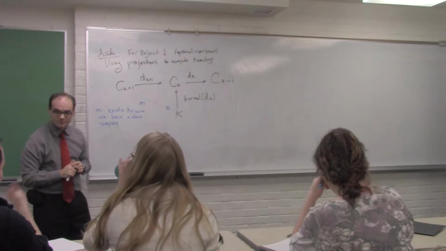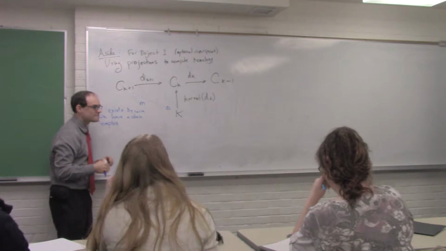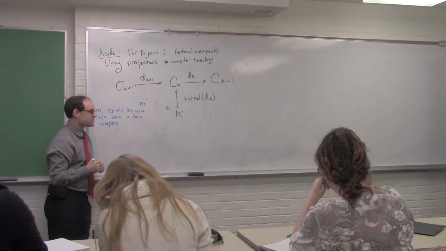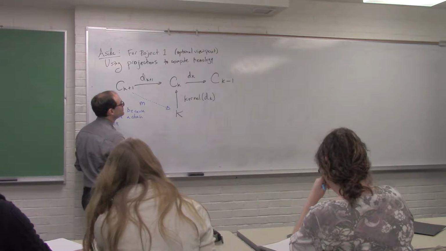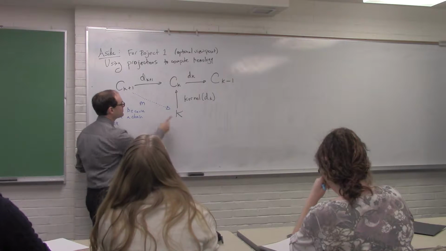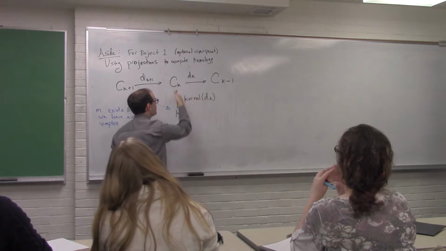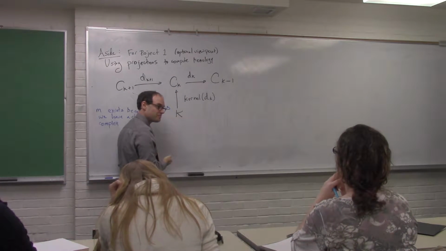So the output of the kernel, you said, is a matrix, right? Yes. So if the output is a matrix, why is the arrow pointing to a vector space? The matrices are actually the arrows between the vector spaces. They're linear transformations.